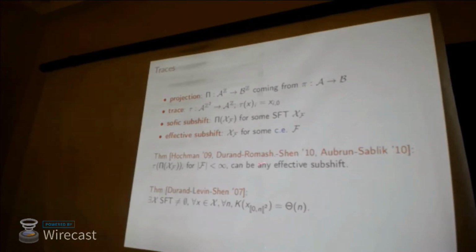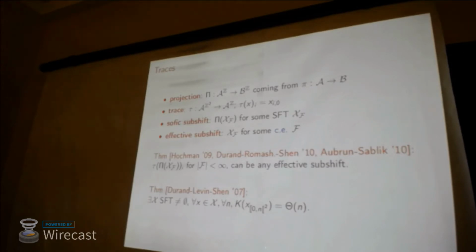This result allowed Durand, Romashchenko and Shen to recover another result of theirs, that you can find SFTs where every configuration is very complex in the sense of sub-patterns and complexity.